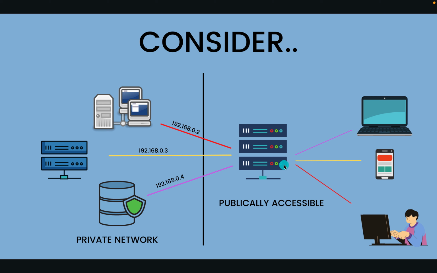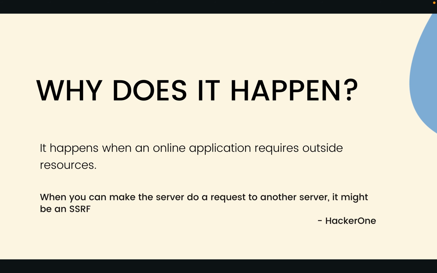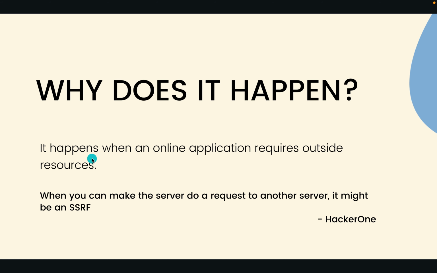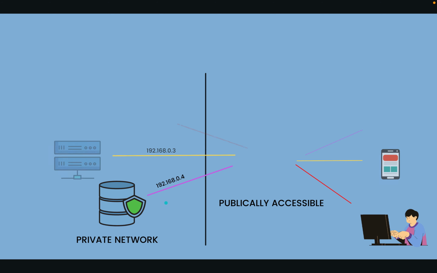So why not make it access the internal server, because then you'll have access to the internal networks. Why does this happen? It happens when an online application requires outside resources, and as you can see, this server is online and it requires access to the resources that are inside a private network for various reasons, of course.